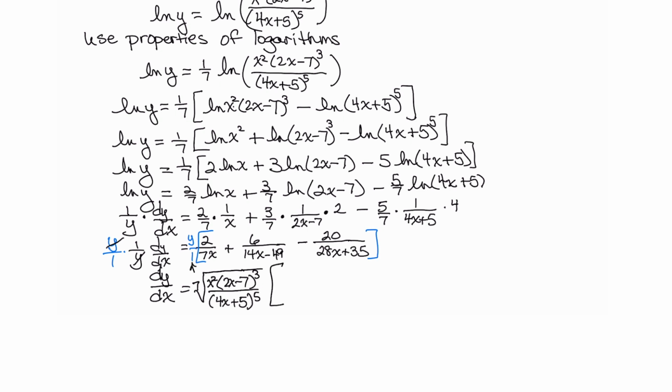And then open your brackets, and you've got 2 over 7x plus 6 over 14x minus 49 minus 20 over 28x plus 35. And that is the derivative of our original function using logarithmic differentiation.